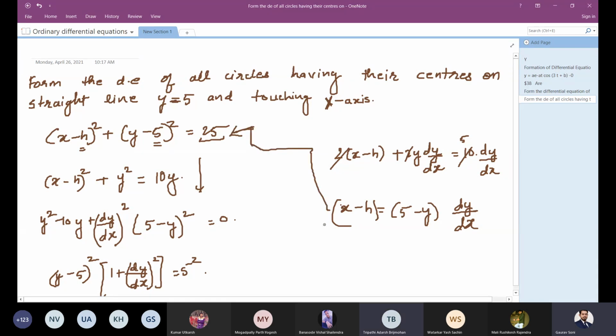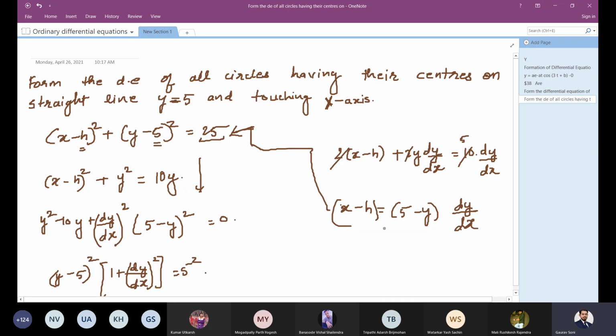Sir, in the solution, we should have 1 plus 2 dy by dx whole square. 1 plus 2? In the bracket, we should have 1 plus 2 into dy by dx whole square. Maybe, I actually don't know. This was written last year, so there can be some error in this, but I don't think so.